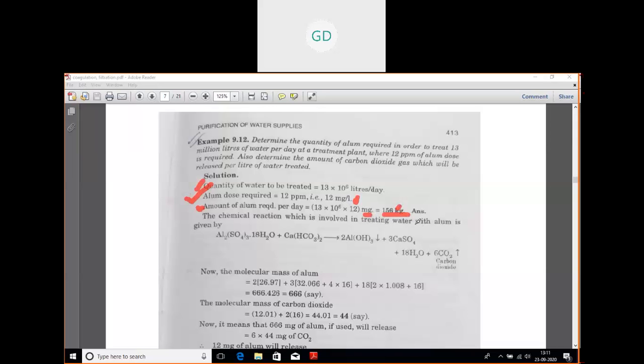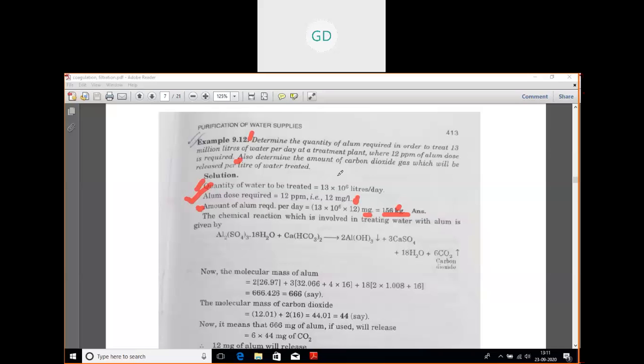So it is 156 kg. That is the first part of your answer. There are two parts here: this part is one part, and the second part is to find the carbon dioxide gas. The first part of your answer is very simple. You just need to multiply the quantity of water and the alum dose. Clear?